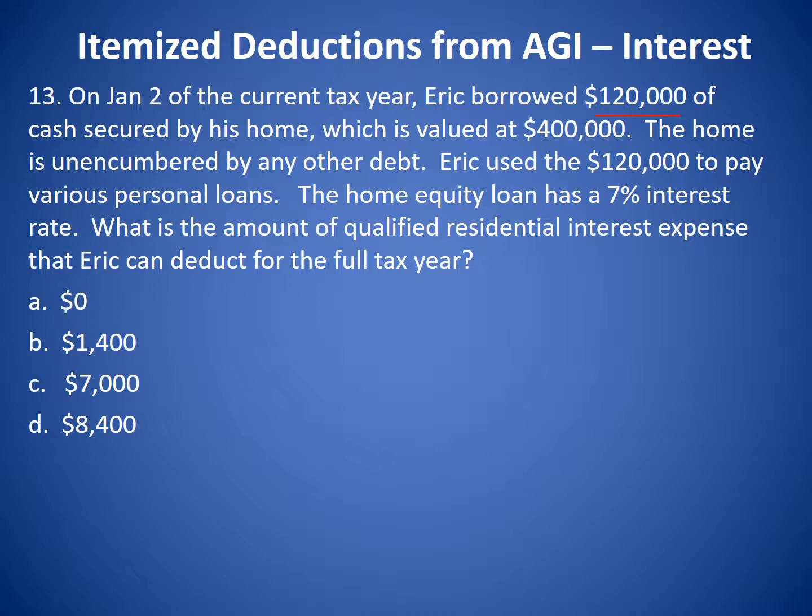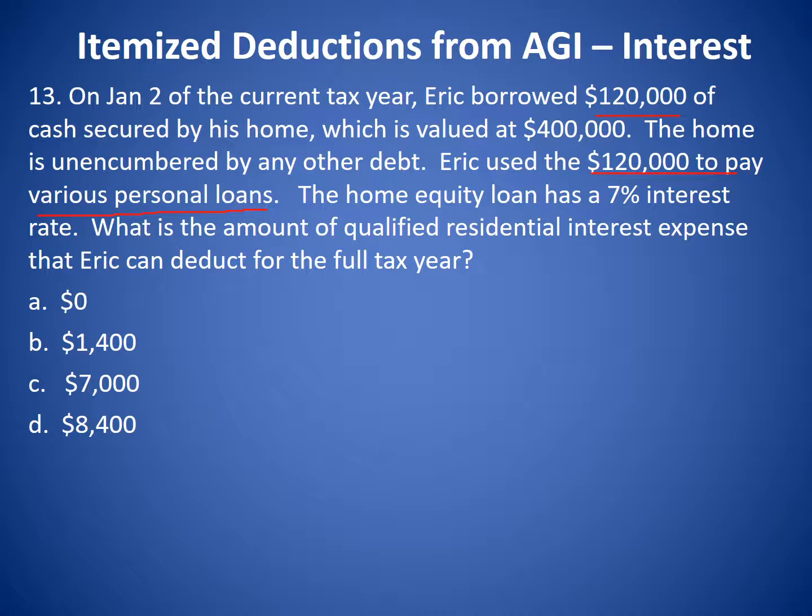Eric used the $120,000 to pay various personal loans. Now, the interest on those loans would not be tax deductible. So if Eric can borrow the money on his home, he can get an interest deduction where he couldn't get the interest deduction for the personal loans. So that sounds like a pretty good tax strategy.